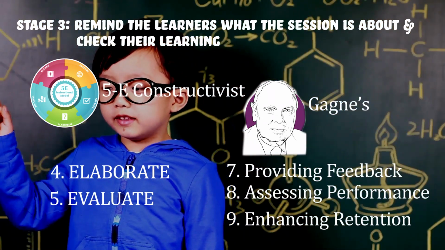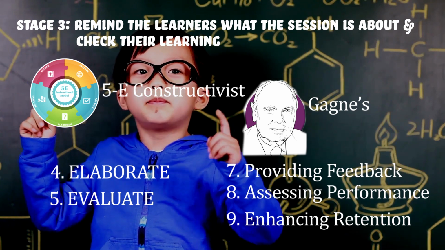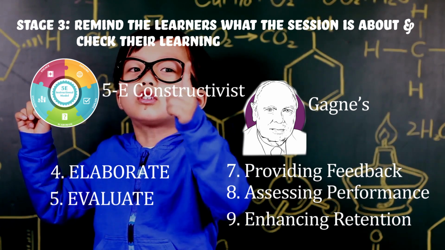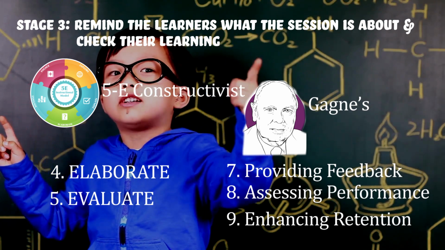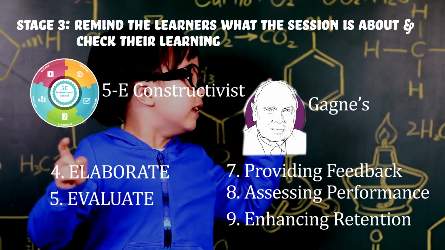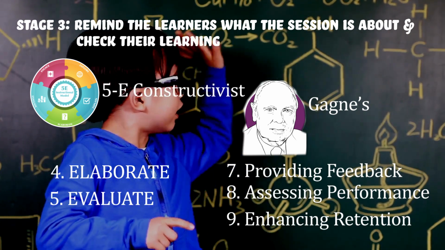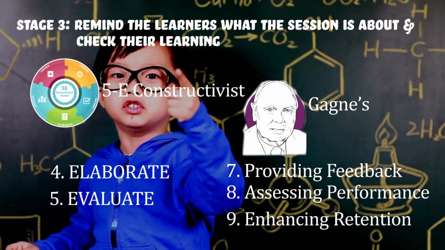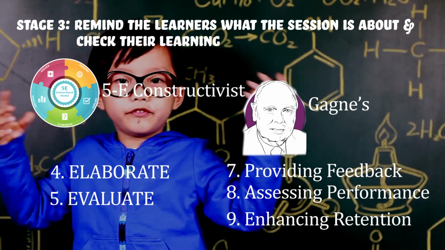It is hoped that after assessing their performance in the previous step, learners will be able to enhance their retention and transfer of learning to similar situations. The final step provides an avenue for learners to reflect and learn based on the assessment given to them. So there you go, ladies and gentlemen.